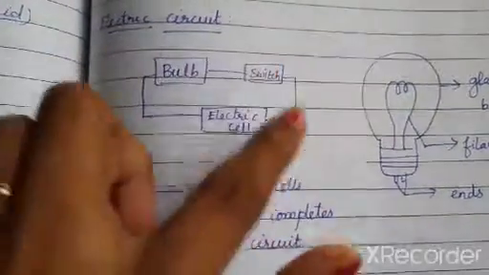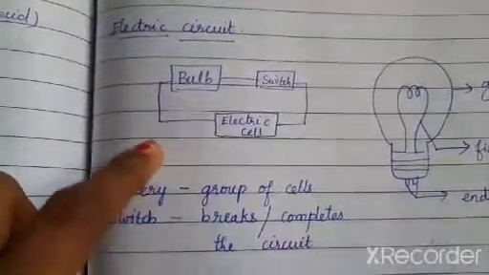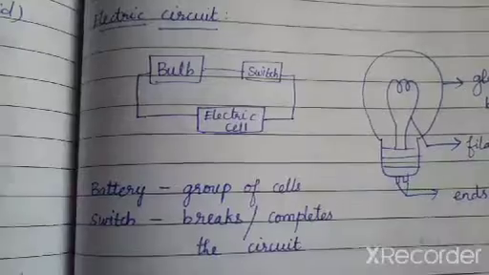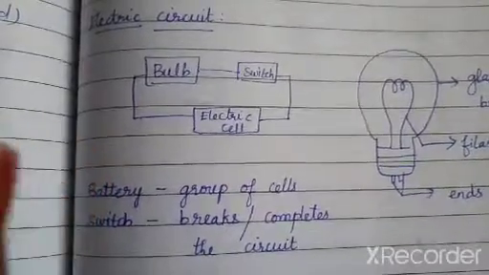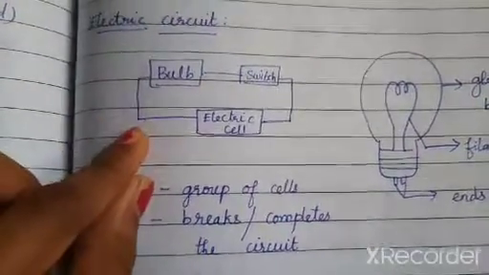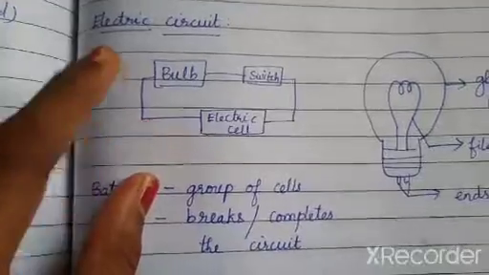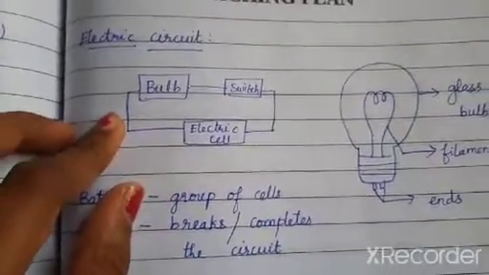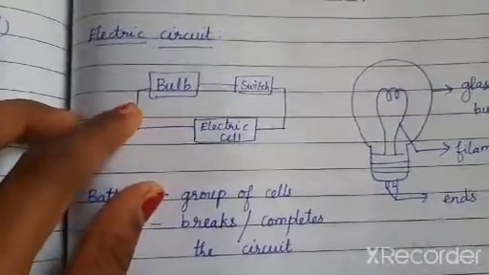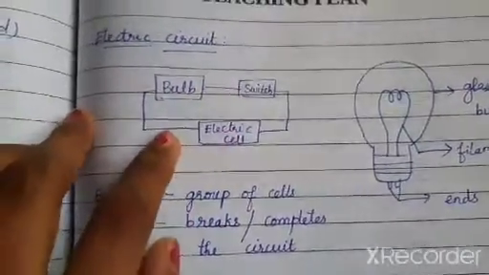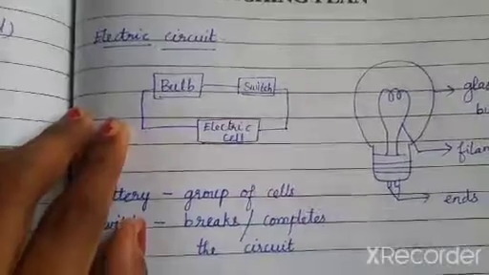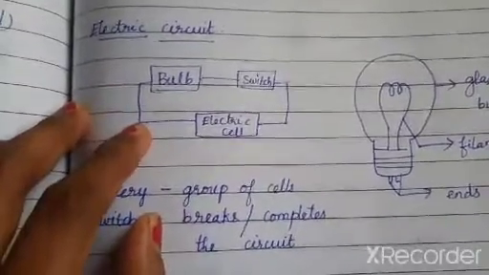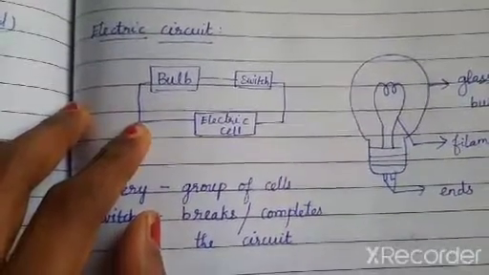When I connect all these components, and if I switch it on and they work in the proper condition, then I say it is a complete circuit. Complete circuit means the current flows in this without any interruption.